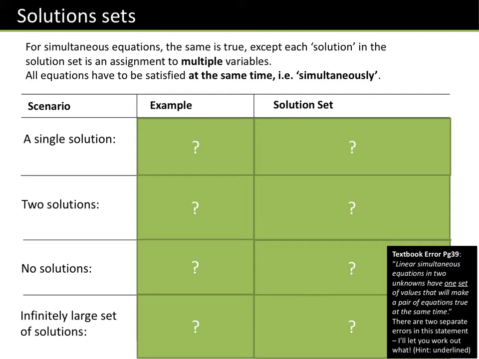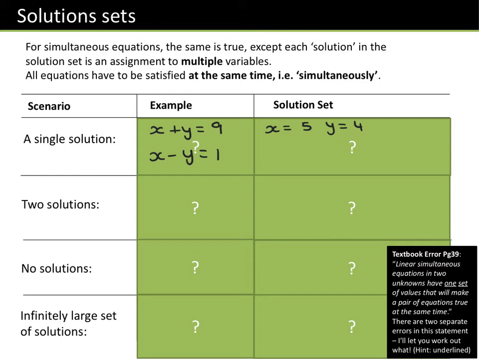So if I had x plus y equals 9 and x minus y equals 1. There's only one way you could make this. Is there or not? A number plus a number is 9 and a number take away a number is 1. So we could have x equals 5 and y equals 4.